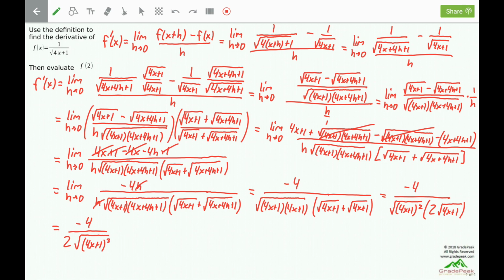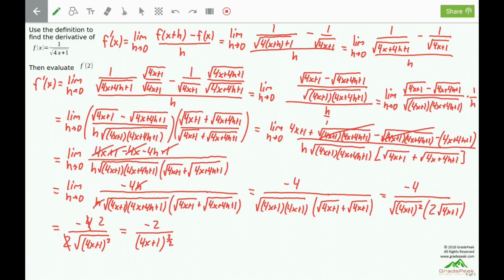The negative 4 and the 2 can cancel down by a factor of 2, so we have negative 2 over the square root of 4x plus 1 cubed. Another way to write that, the square root of a cube means 3/2 power. That means to take the square root and cube it, or cube it and take the square root. You can go either order with that, but there's our derivative.